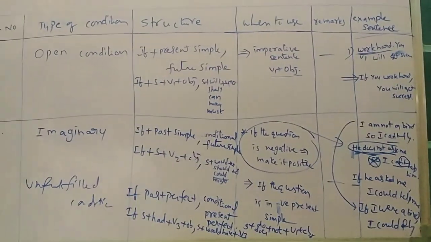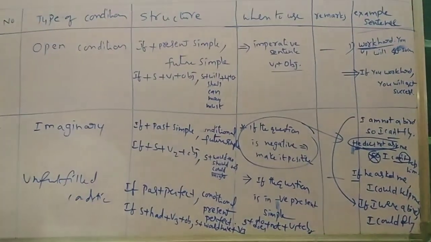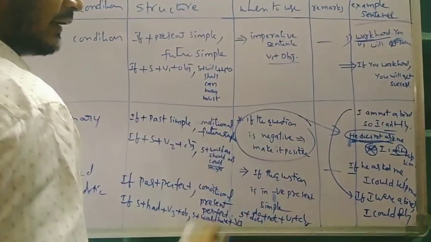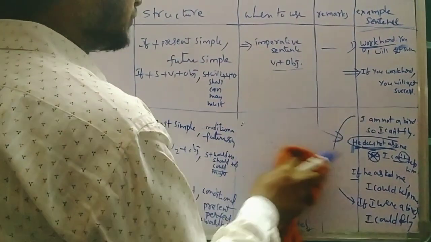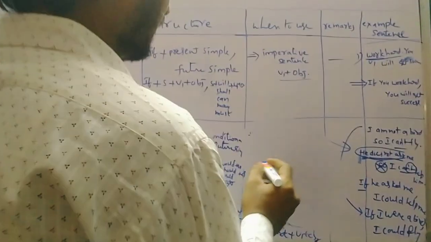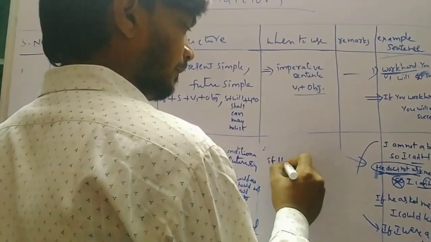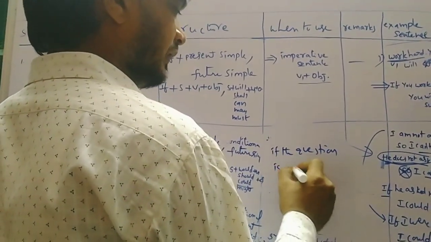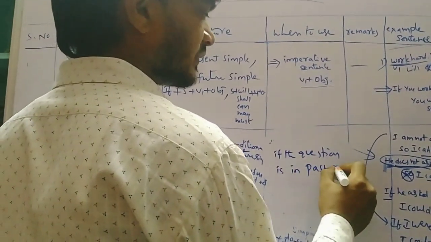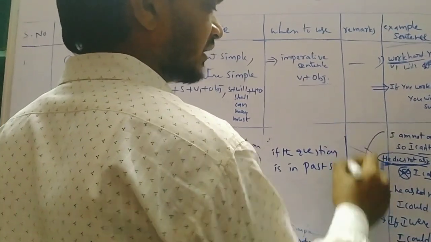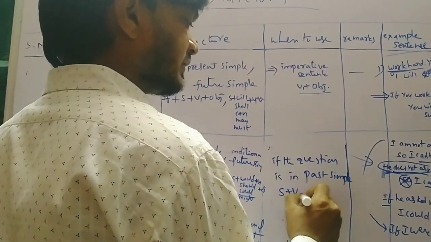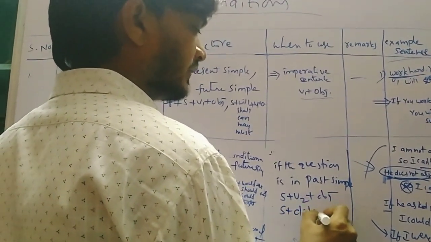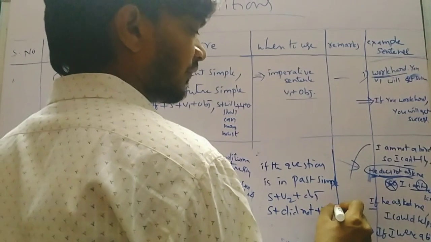See here now, when to use this unfulfilled condition. If the question is in past simple tense, the structure is subject plus V2 plus object, whereas the negative structure is subject plus did not plus V1 plus object.